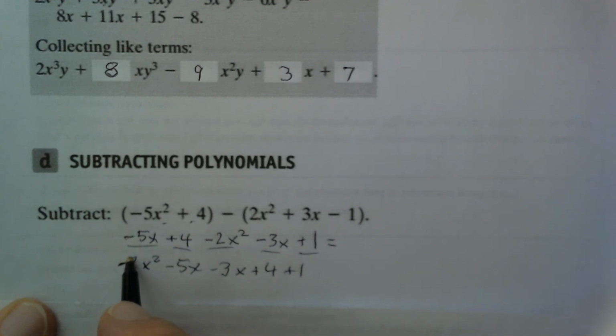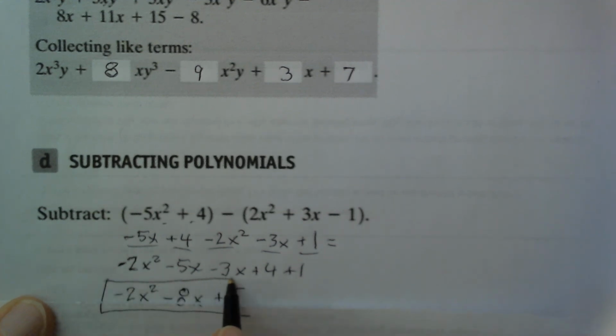So there's no other x to the second power, so that's the only term, minus 2x squared. And then we have minus 5x minus 3x. Well, minus 5 minus 3 is minus 8x, and 4 plus 1 is 5. So that is the result of subtracting one polynomial from the other.